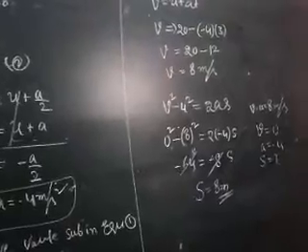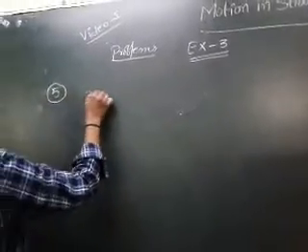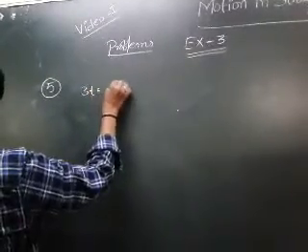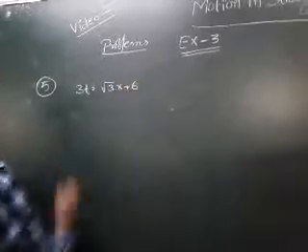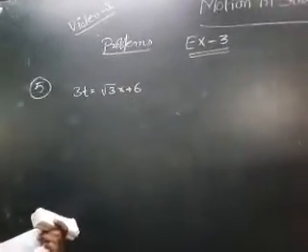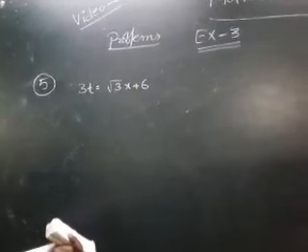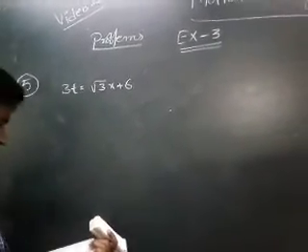Right. Next, x is equal to root 3x equals 3t minus 6. So this relation describes the position of a particle in one dimension, where x is in meters and t is in seconds.